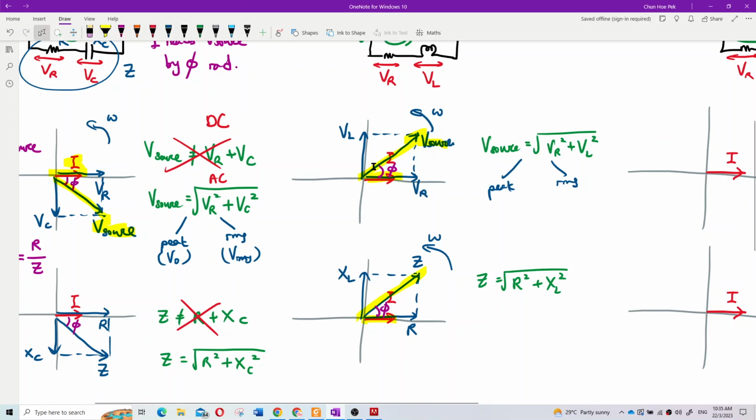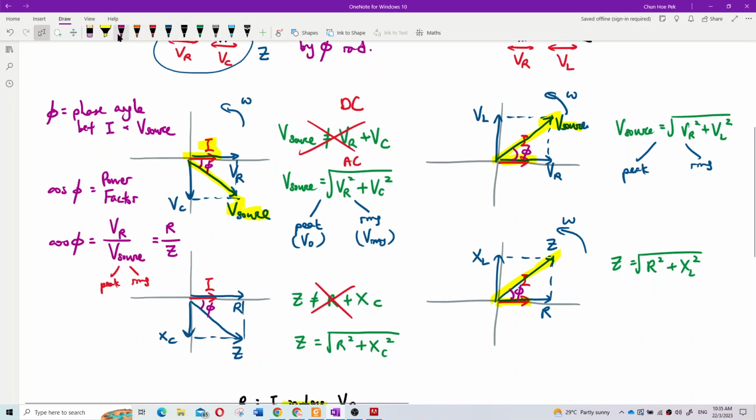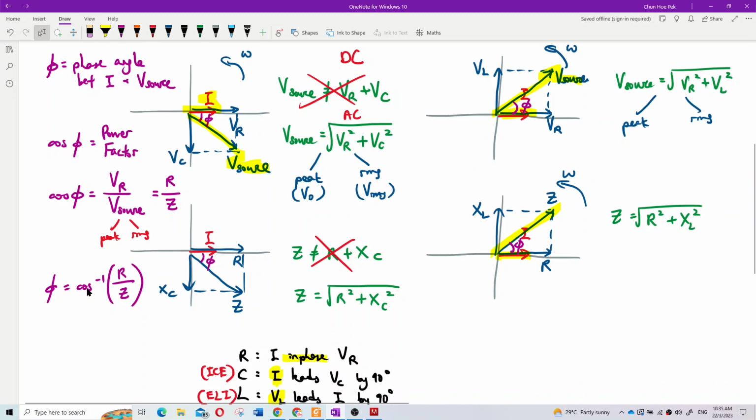So how to find the phi? Same thing. First you find cos phi. Cos phi is VR over V source, same formula, or R over Z. If you later want to find the phi, then you just take anti-cos of R over Z. If you use tangent, also can find.